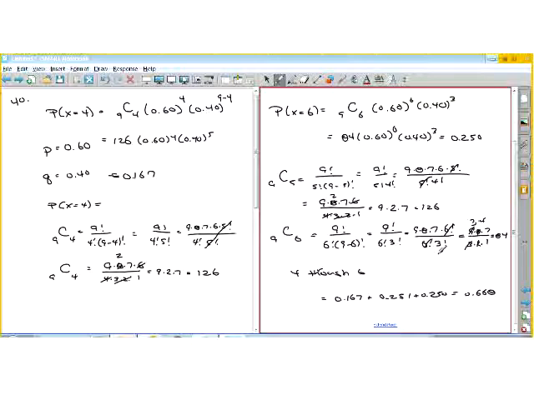So the probability of picking 4 people, 5 people, or 6 people, or picking 9 people and 4 or 5 or 6 of them have gone to college, is 0.668.